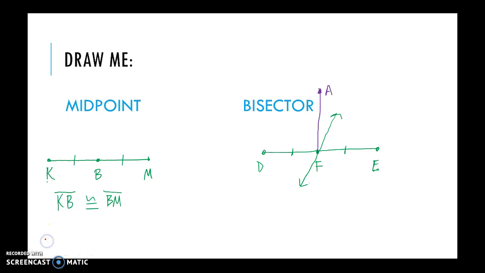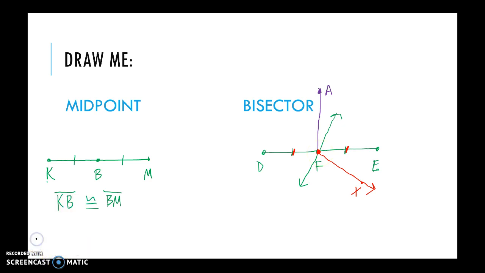So let's do this. Here's ray FX. All right. What's the important part when you draw a bisector? You have to put the markings on there to show that the two segments are congruent, because then that tells us you're understanding that it bisects the segment at its midpoint.